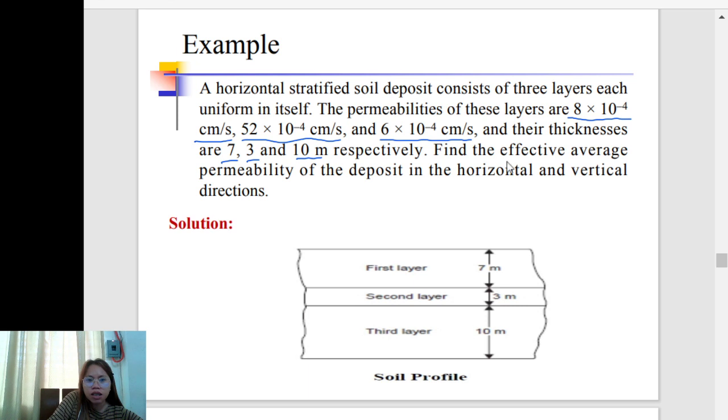So this is actually the K. This is K, what we are looking for. The average, actually small K, of the deposit in the horizontal and vertical direction.